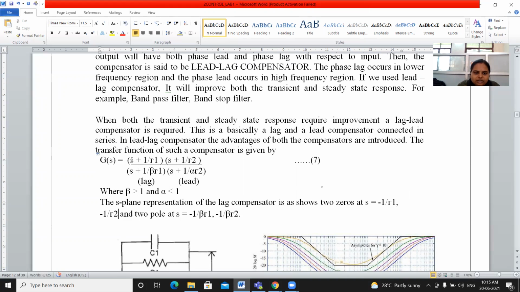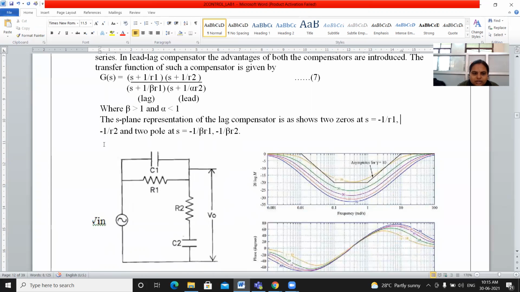Then the numerator gives the zeros and the denominator gives the poles. So your poles are going to be S equals minus 1 divided by beta gamma 1 and minus 1 divided by alpha gamma 2. This is how we'll be getting it. And this is the construction of a lag lead compensator, having R1, R2, C1, C2.